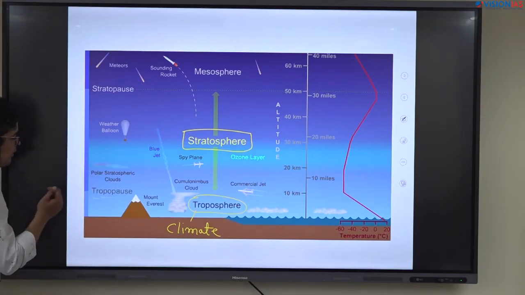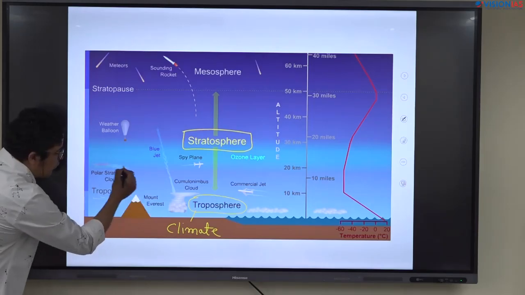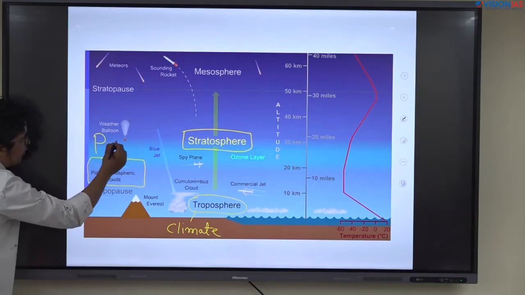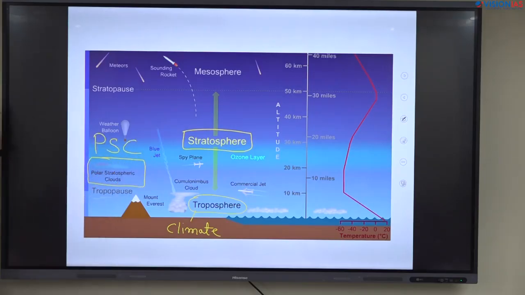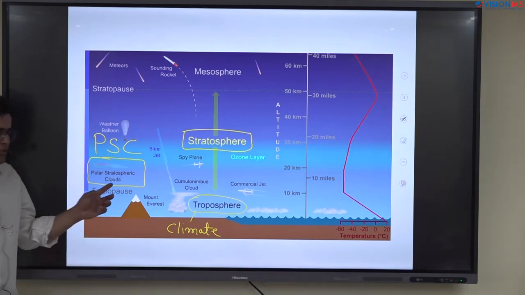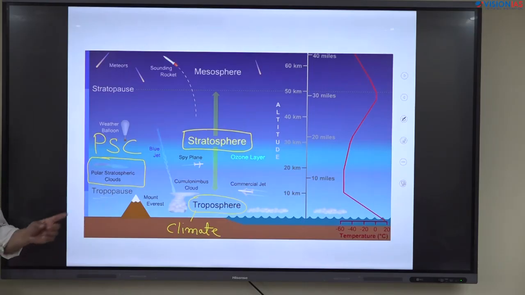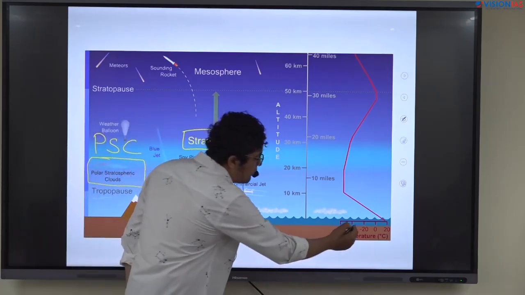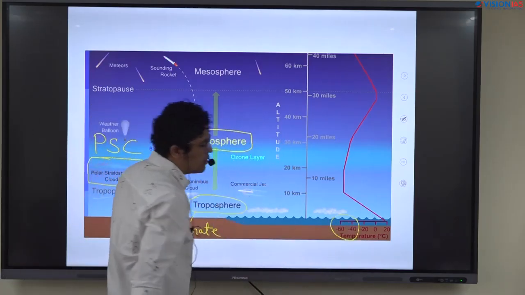But there is a unique type of cloud which is formed in stratosphere. The name of this cloud is PSC, polar stratospheric clouds. Cloud formation also takes place in stratosphere. Polar stratospheric clouds need low temperature for their formation.